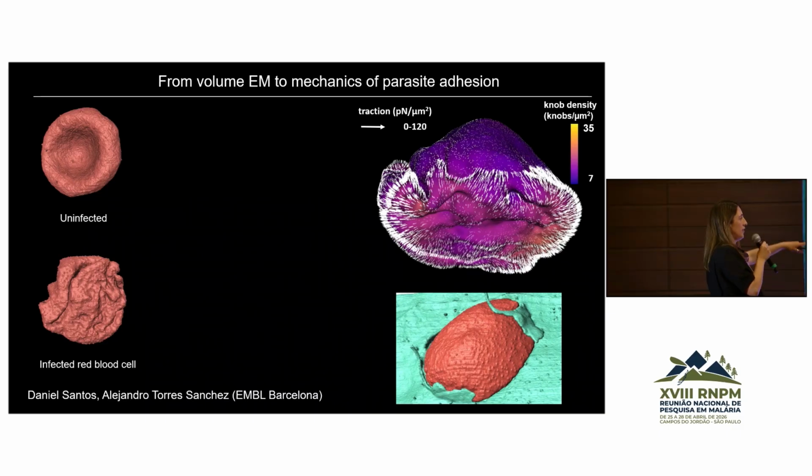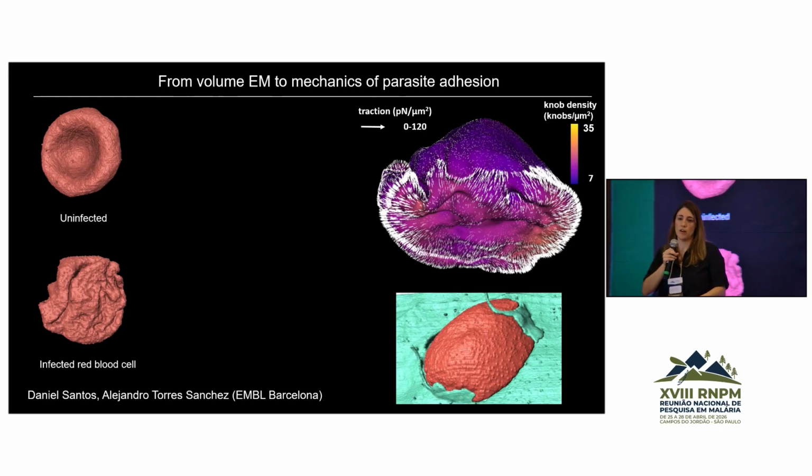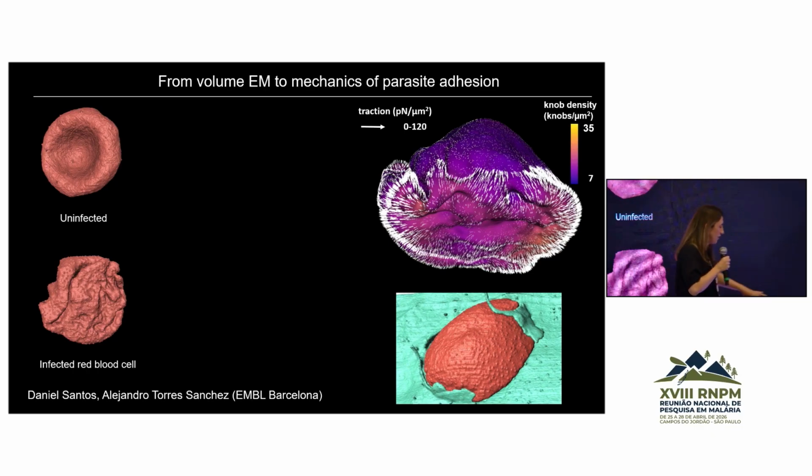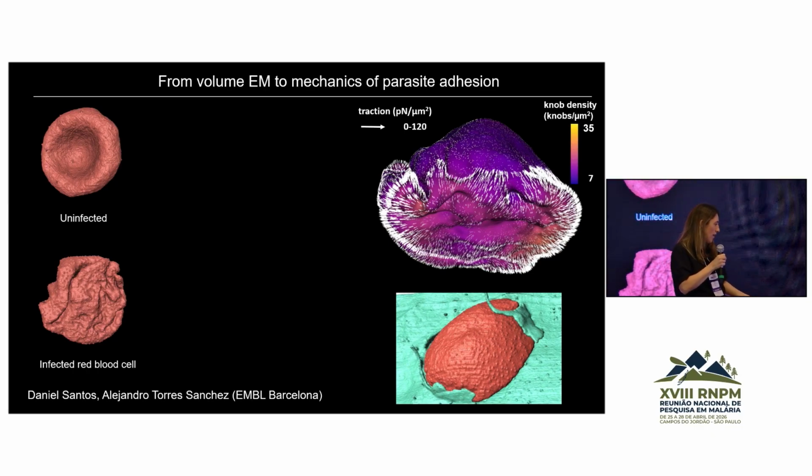And you can see in these arrows here that in these areas where the knobs are enriched, the parasite is really pushing towards the endothelial cell, which we think is also causing this remodeling of the endothelial cell.